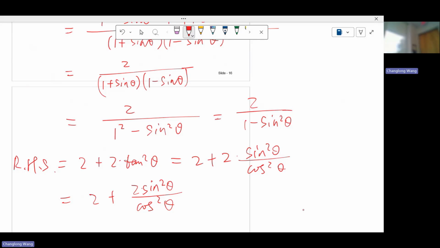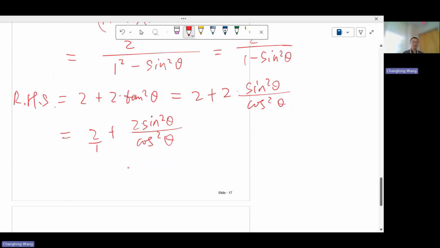This is an integer, but you can easily write it as a fraction, which is 2 over 1, right? So now let's combine them by finding the common denominator, right? And I can tell already what it is, right? It's just cosine squared. So I'll write the first fraction as 2 over 1. I'll multiply both the top and bottom with cosine squared theta.